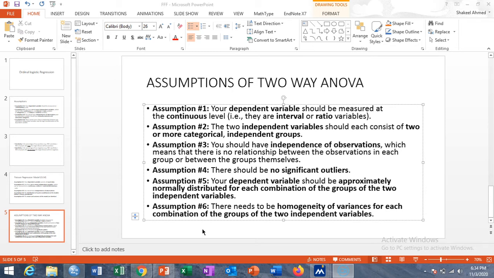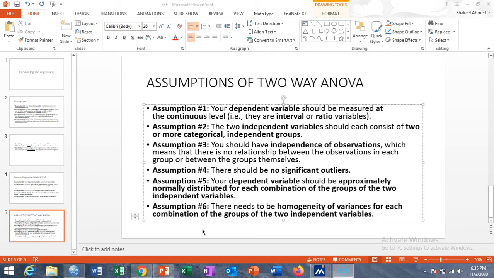The groups should be mutually exclusive and independent. As I already explained, one grouping was gender and the other grouping was age groups. And assumption 3 is that there should be independence between observations, that the observations should be independently drawn from each group and between groups.